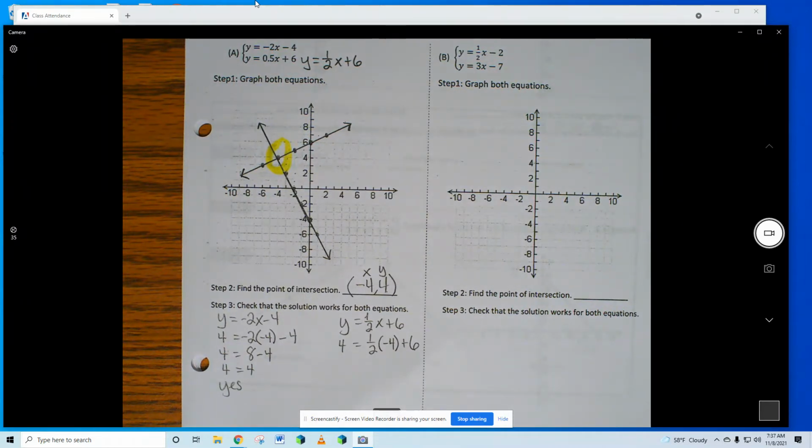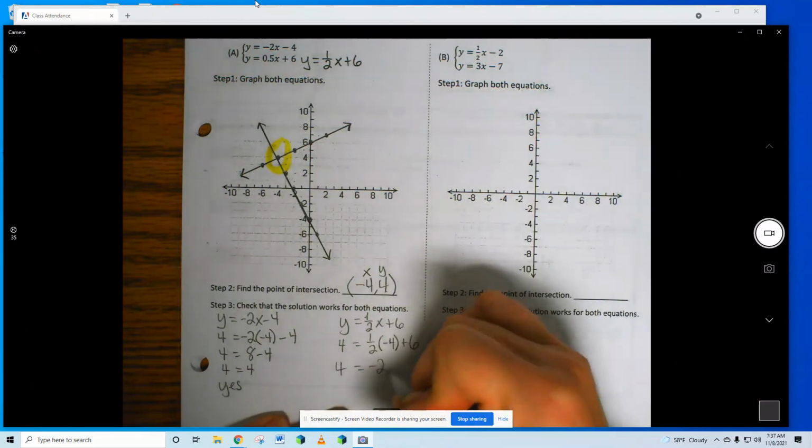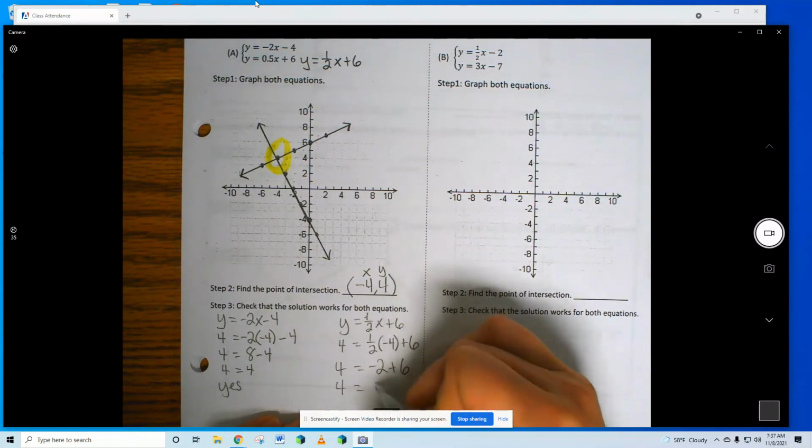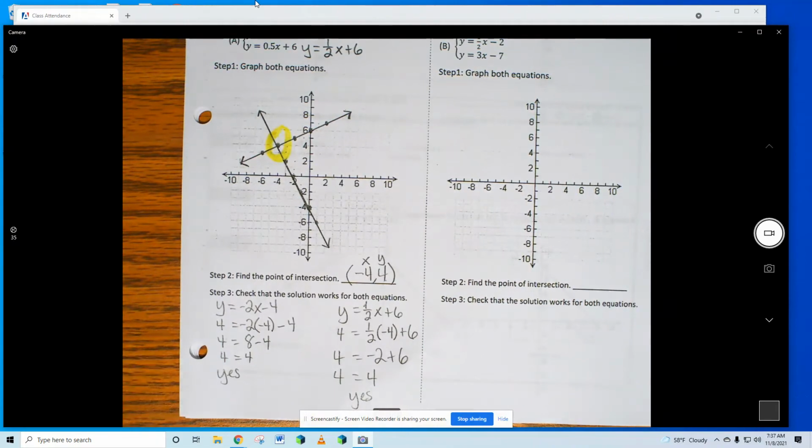So, does 4 equal negative 2 plus 6? Yes.